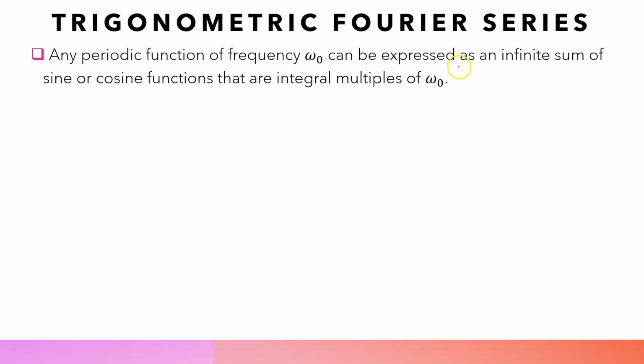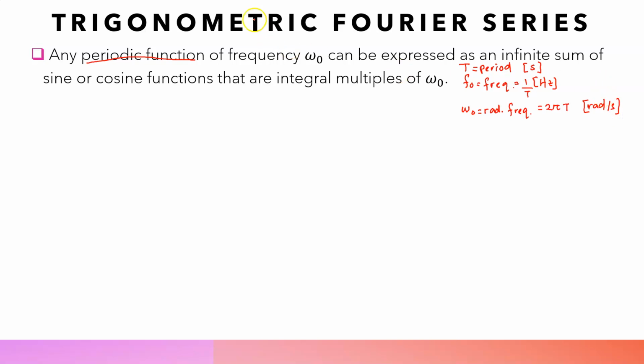I hope you still remember in the lecture when I talked about periodic signals, I told you there are three important parameters we have to know: T, which is the period in seconds; f naught, which is the frequency in hertz and is equivalent to 1 over T; and omega naught, which is the radian frequency, given by 2 pi over T, with the unit radian per second.